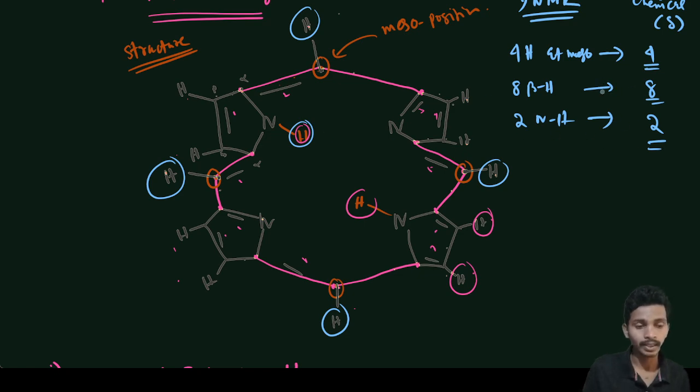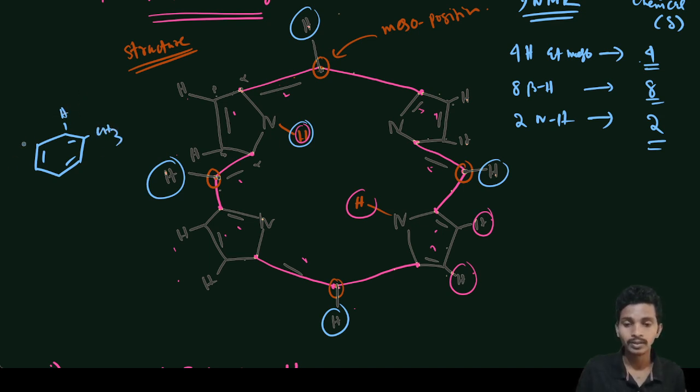So why are you getting this chemical shift value for these hydrogens? We know that this is actually a symmetric structure. But if here is hydrogen and here some other group is there, then whenever you see this ring structure, the ring current will flow like this. I will draw it here nicely.